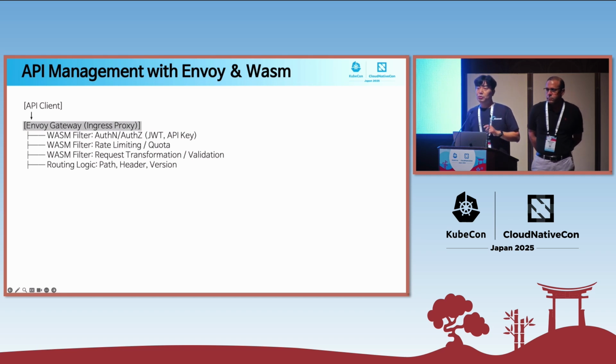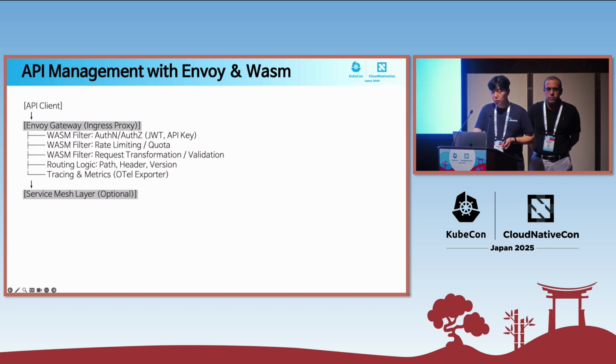So if you have multiple Kubernetes clusters, multi-CDN, or multi-cloud for your API server, then you can do that by having the routing logic on Envoy Gateway. And as an option, you can have the service mesh layer here. We can put service discovery like DNS and XDS, routing discovery service or something here as an option.